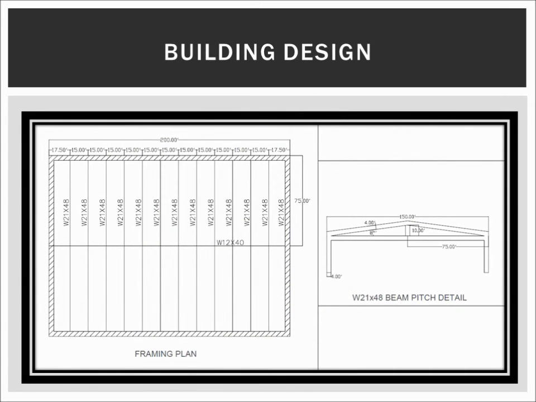Our typical building to house the elements of the desalination plant will be a simple steel structure. Spacing between columns will be 15 feet. The beams used to span these gaps will be W21 by 48 steel I-beams. The column sizes will be W21 by 48 for the larger buildings and W16 by 40 for the smaller buildings.